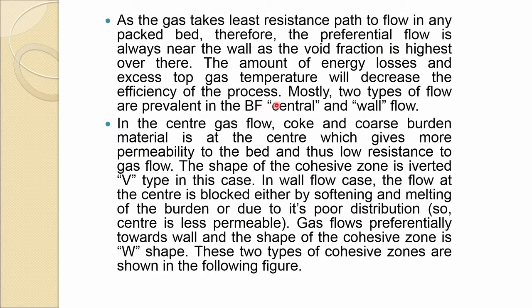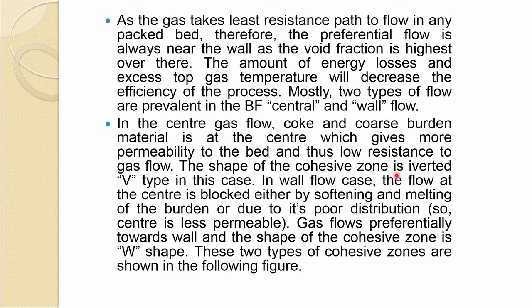As mentioned here, two types of flow are prevalent, central and wall, and this can be controlled by proper charging of the material. In the center gas flow, coke and coarse burden material is at the center, which gives more permeability to the bed and thus low resistance to the gas flow.